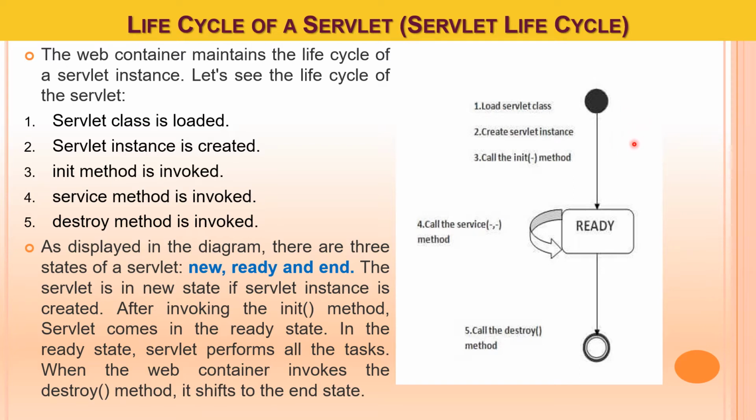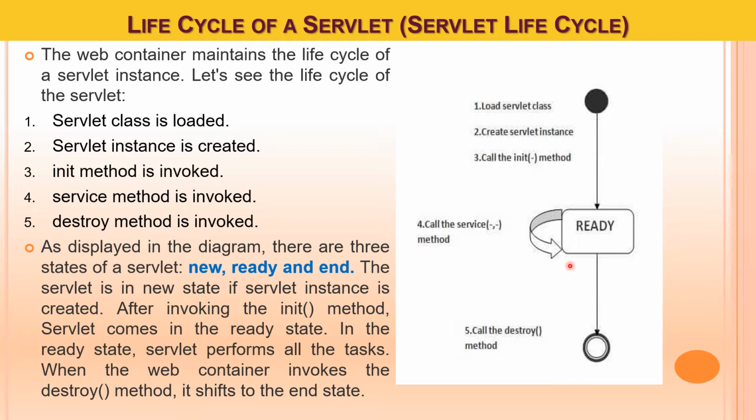So in the above life cycle, the second point creates the servlet instance. After invoking the init method, the servlet comes in the ready state. So the servlet will get ready after the init method.